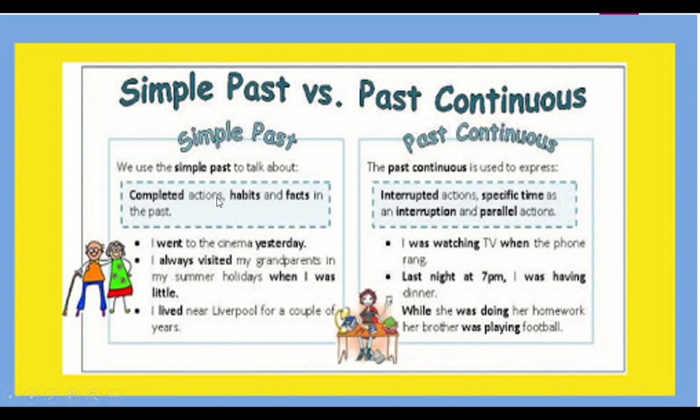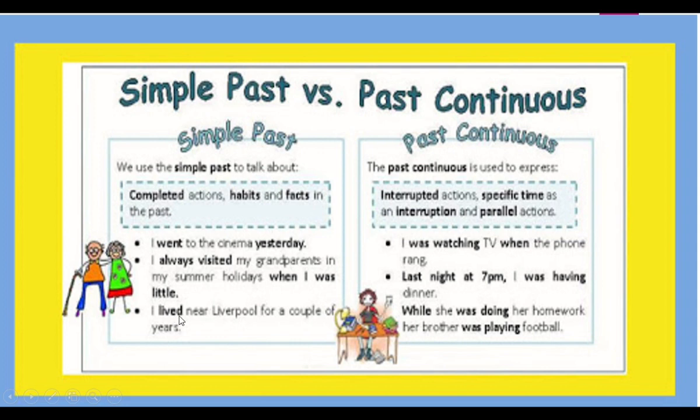Completed actions, something that had happened and finished. Habits and facts in the past. For example, I went to the cinema yesterday. I always visited my grandparents in my summer holidays when I was little. I lived near Liverpool for a couple of years.